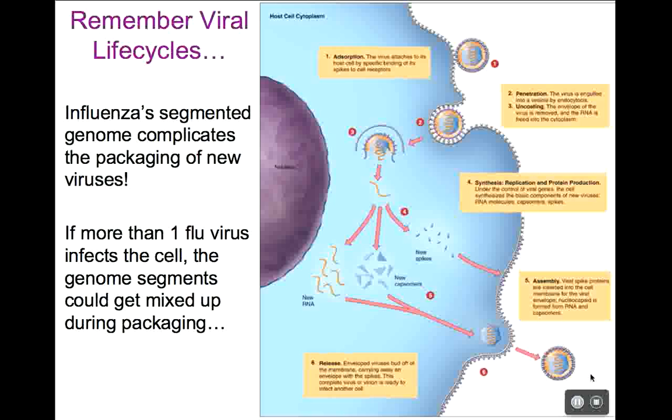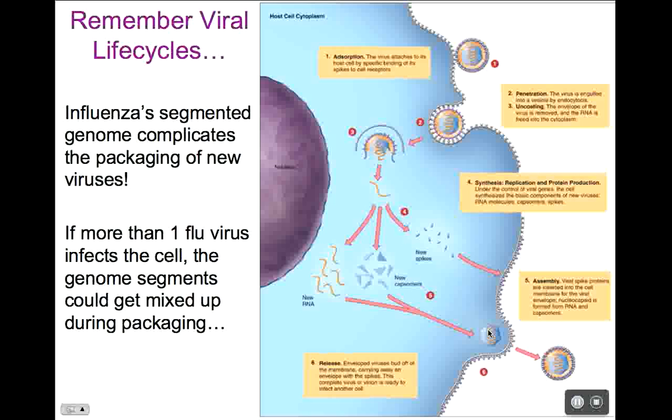In this picture, I'm showing them packaging a continuous piece of genome, right, all inside that capsid. But remember, with influenza, there are segments. So during this packaging step, all of those segments have to get inside of the capsid in order for that virus to be infective.